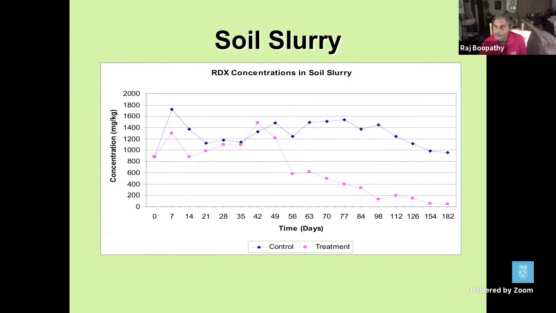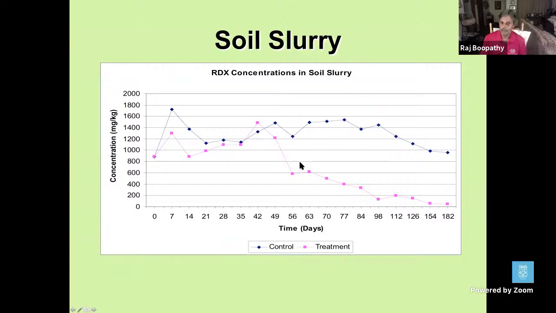Surprisingly, the RDX also went down because, again, we're enhancing the soil microbes, not a pure culture. In the pure culture, it didn't work, but in the soil, adding molasses helped to bring in a lot of microbial activity. So it took a long lag period. Nothing happened to the RDX for 2 months.